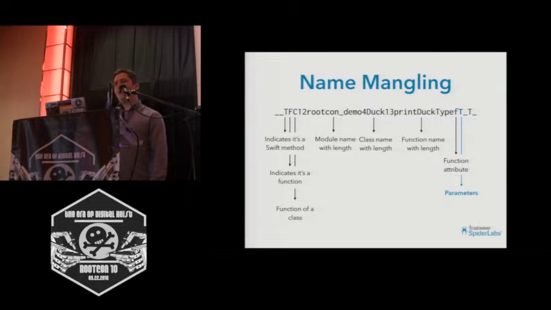Then you have parameters. In this particular case, if you remember back to the demo app, it didn't have any parameters or arguments, so there's nothing there. And then you've got your return type. Again, there's no return type for this one, so there's no return type there as well.